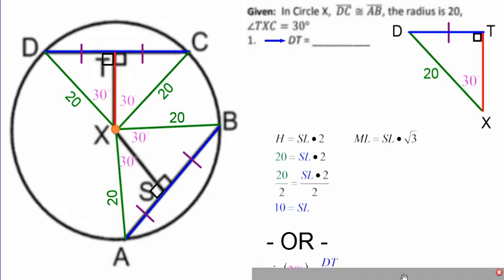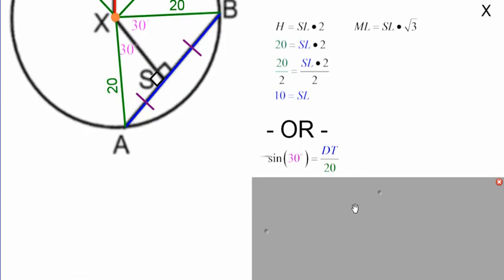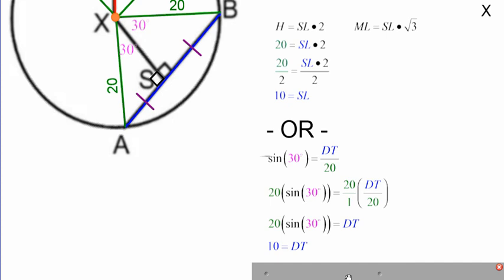So we could have said that the sine of 30 degrees is equal to DT over 20. So again, we're just undoing the equation to solve for DT. So if we were dividing by 20, to undo that, we can multiply by 20 and do our calculations, and 20 times the sine of 30 degrees gives us our 10 units in length.